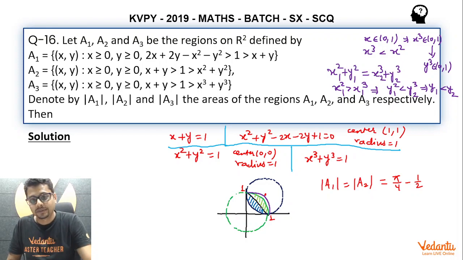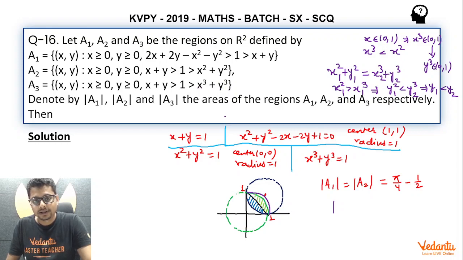Hence more curvature. So now you can clearly see, what does the A3 region mean? X plus y greater than 1, same as A2. However, in A2, 1 is greater than x square plus y square. In A3, 1 is greater than x cube plus y cube.